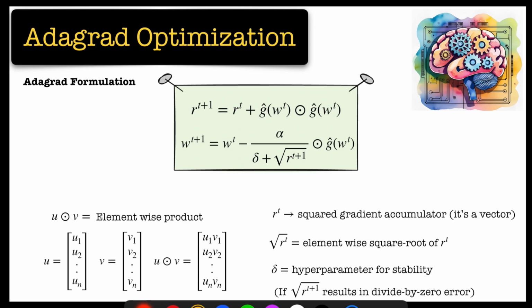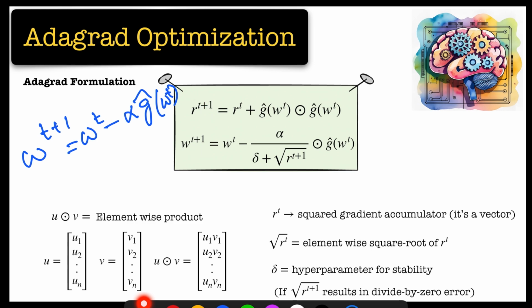In the original gradient descent, we had Wt+1 equals Wt minus alpha times g hat of Wt, right? Now, in place of alpha, we get alpha divided by delta plus the square root of Rt+1. Let's say we don't have delta.